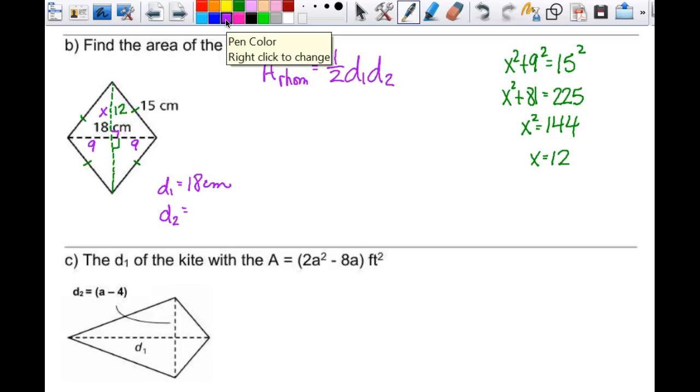Here's what you have to be careful of, and this is where some of you start to really make mistakes because you're not labeling, you're not writing stuff down, and then you just start substituting things back in after you find them. The D1 is this 18 right here.